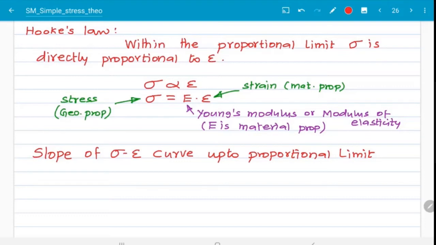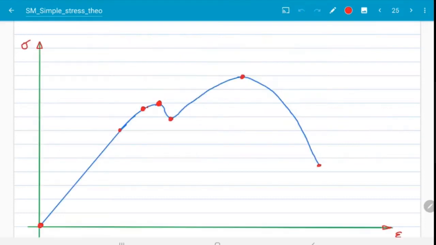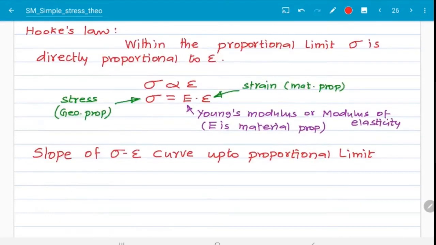Right. Answer please. Slope of the stress strain curve. Young's modulus. Very good. Okay, right. Young's modulus. Right.